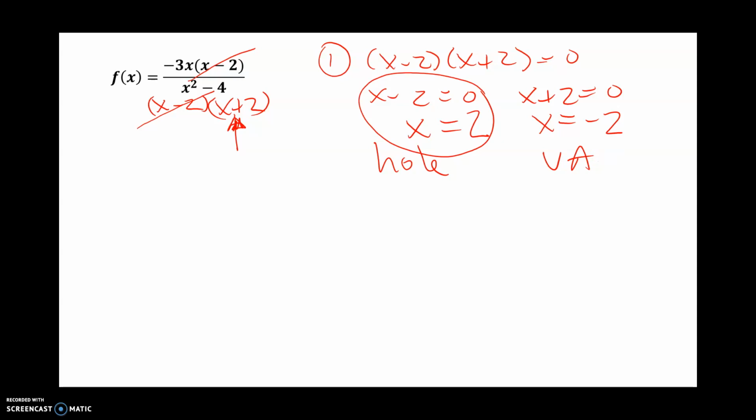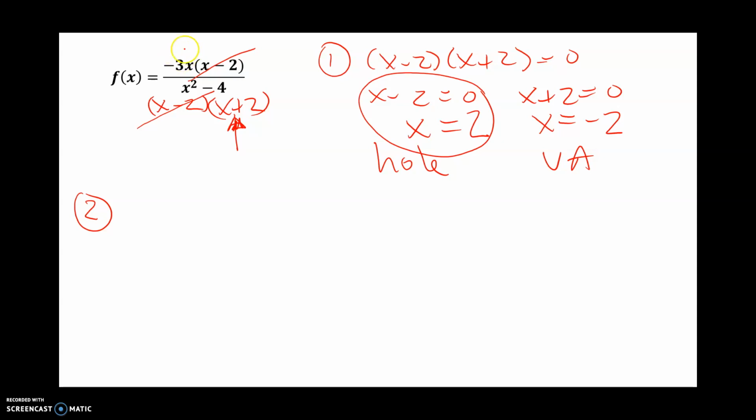All right? Step 2 of our process says, how do we know what the horizontal asymptote is, if there is a horizontal asymptote? So we have certain rules, and it has to do with comparing the highest exponent in the numerator to the highest exponent in the denominator.